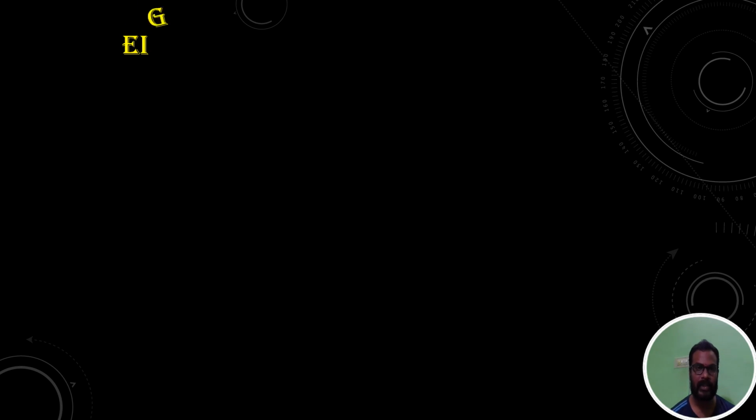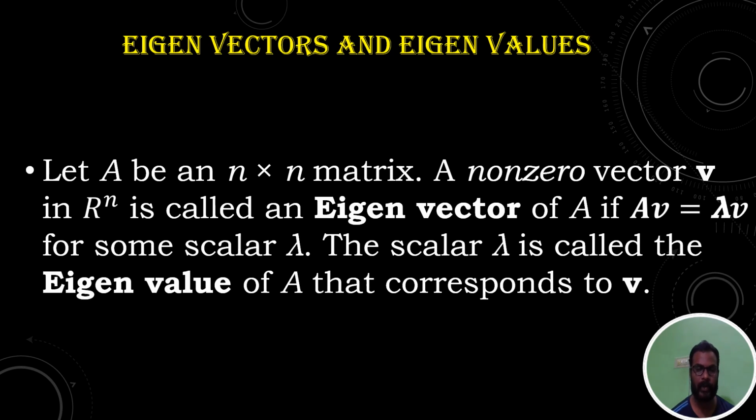Okay, first let us discuss the definition of eigenvalues and eigenvectors. If you take a matrix A of n by n, that means it should be a square matrix. Next, I am taking another vector that is n by 1. It should contain n rows and 1 column.